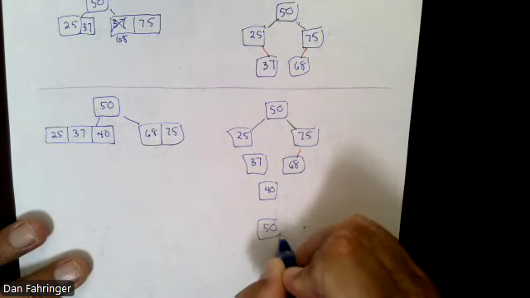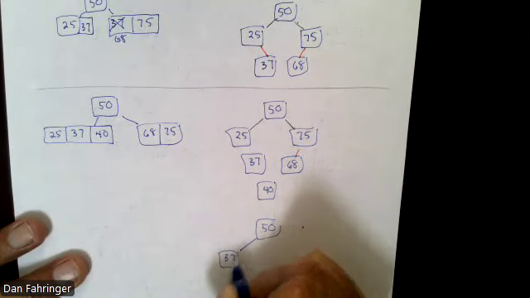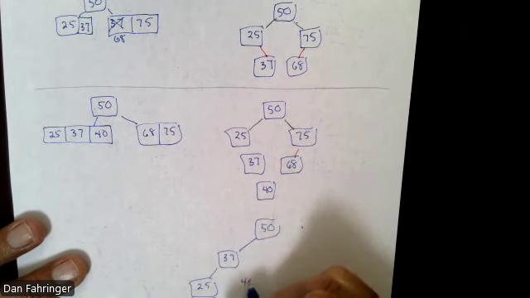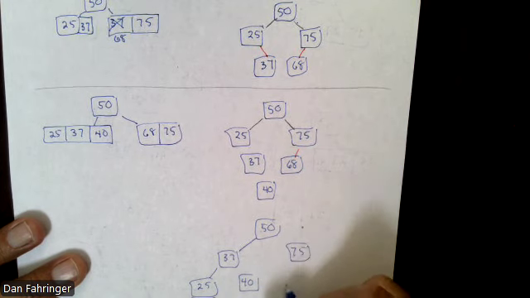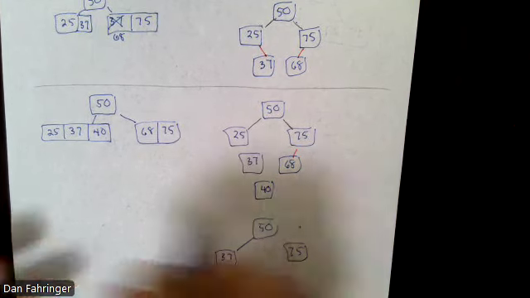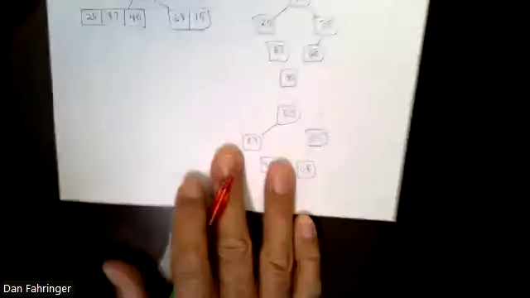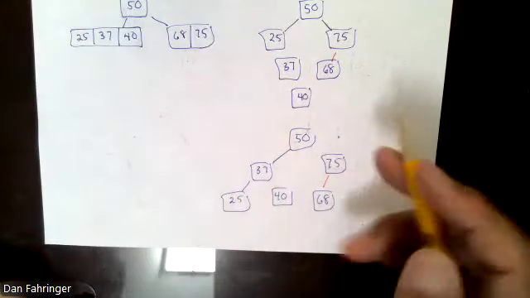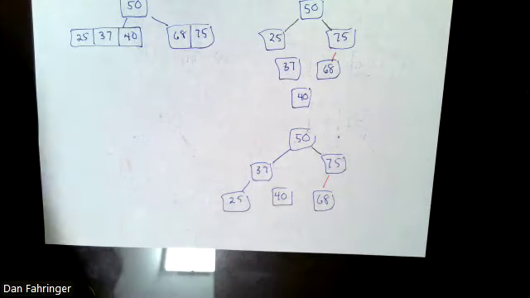50, 37, 25, 40, 75, 68. 75 and 68 are still siblings. 50 over to here is a level.